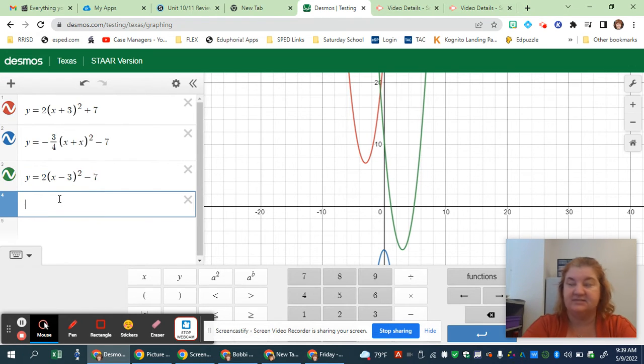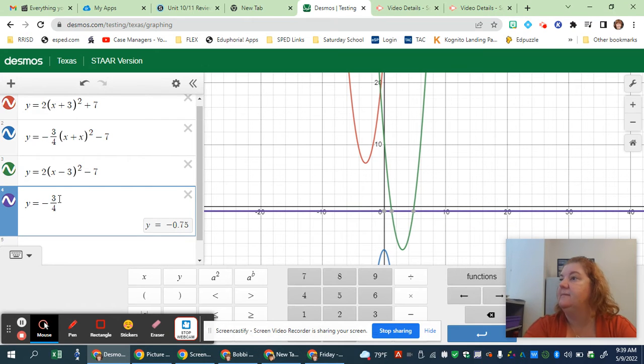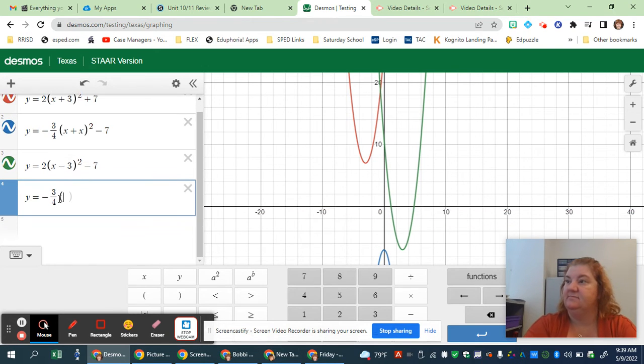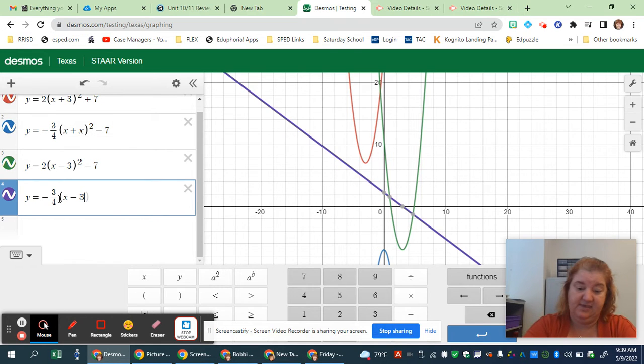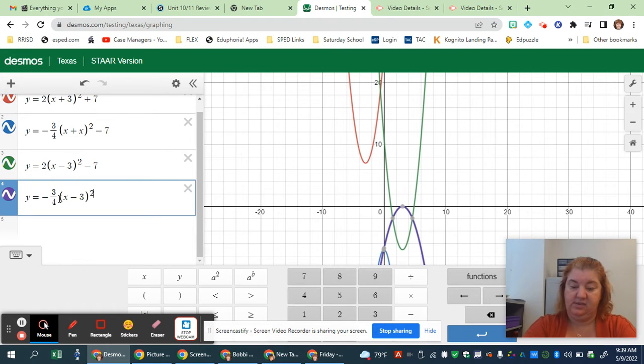And then our last one is y equals negative 3/4 times x minus 3, and then 2 minus 7. Okay, so there's our 3 lines.